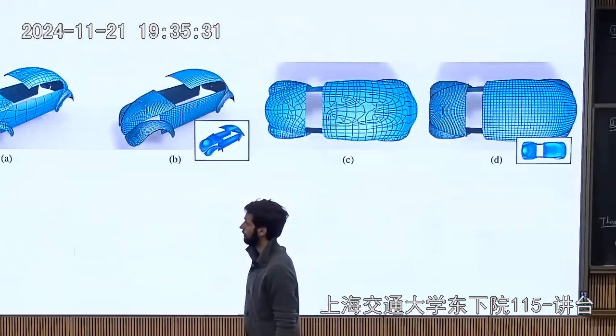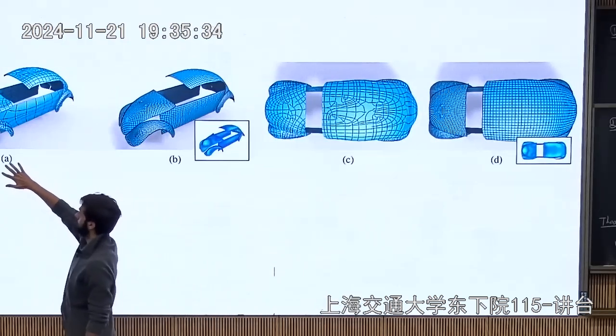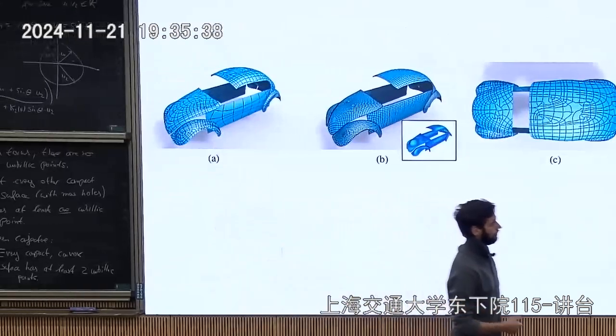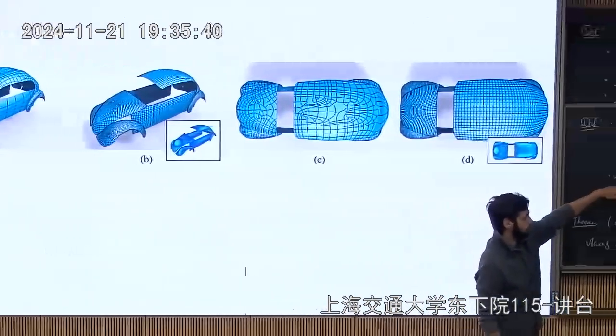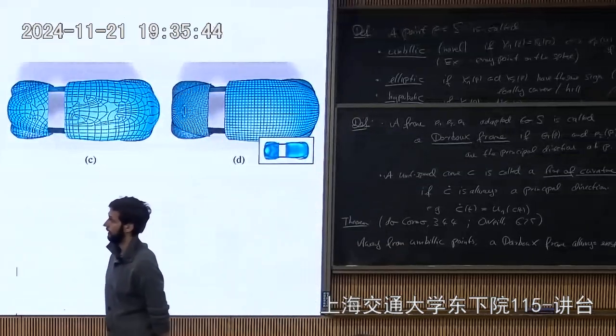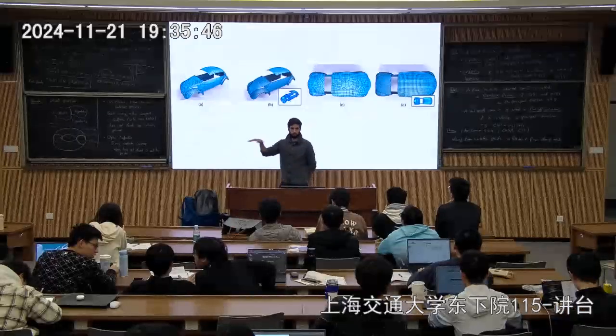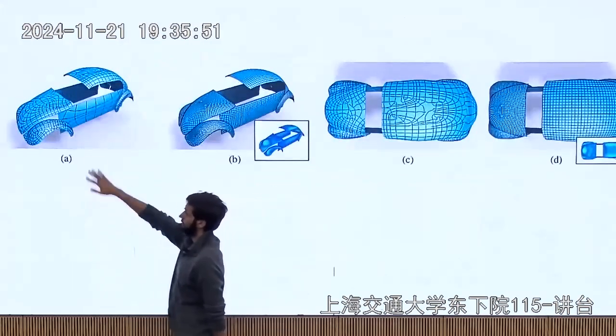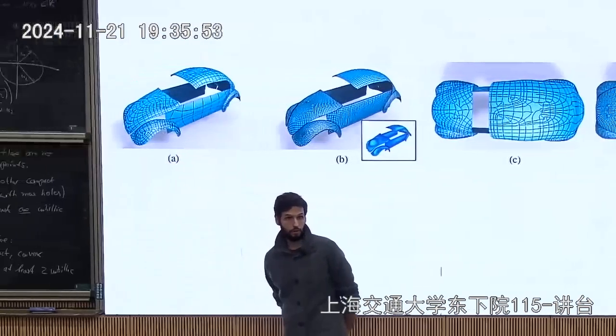So what you can do is start with drawing just the principal lines of curvature. You find these lines of curvature, a curve that always goes in a principal direction, and then you draw these on your object.